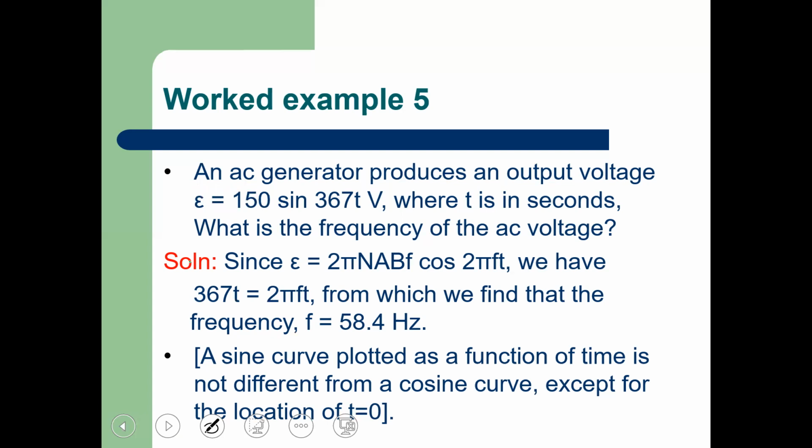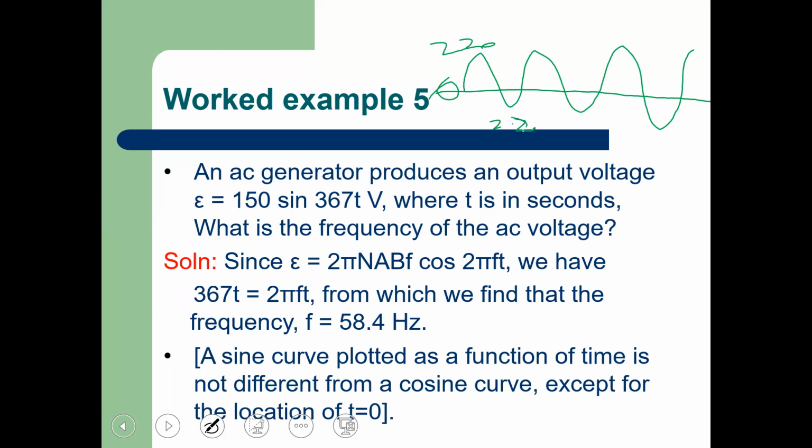But when you say volts in an AC scenario, the voltage is going up and coming down, going up and coming down. If we want to define it very well, we should say it starts at 0, goes up to 220, and comes down to minus 220, or let's even say 240.